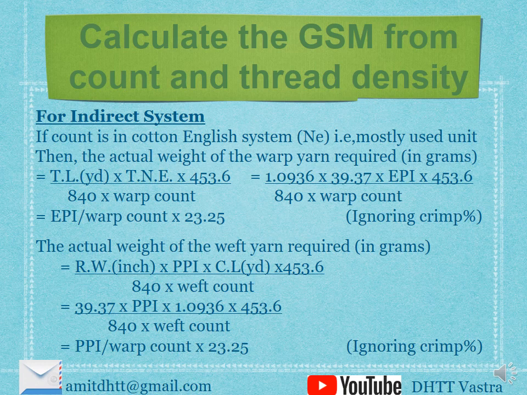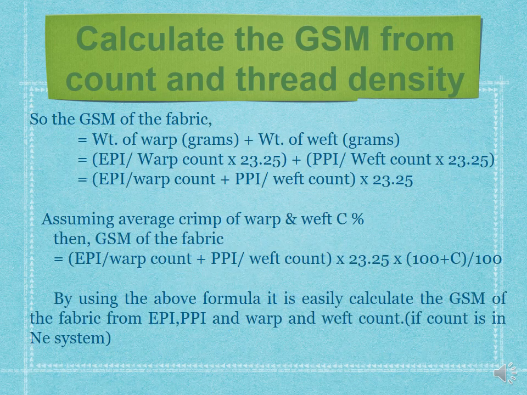And from that numeric we get picks per inch upon weft count into 23.25. So finally we can calculate the GSM of the fabric as equal to weight of the warp in grams plus weight of the weft in grams.